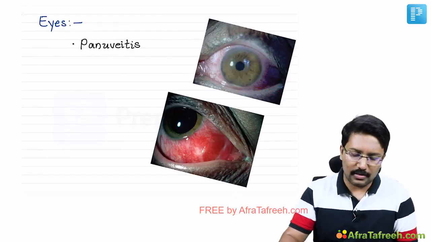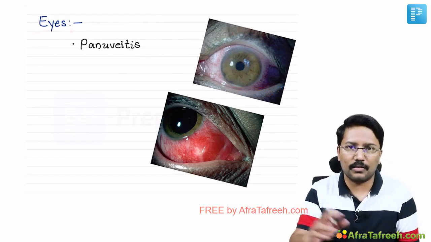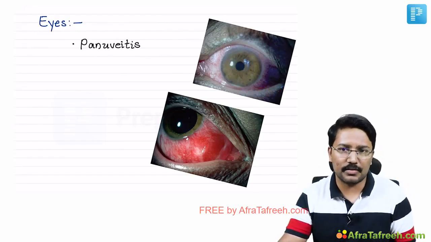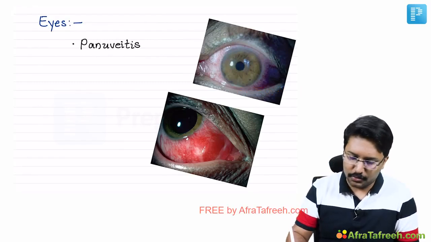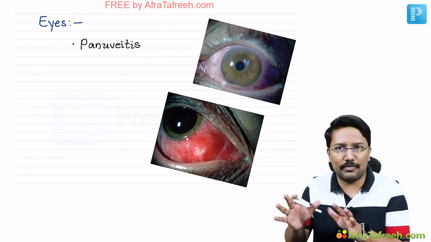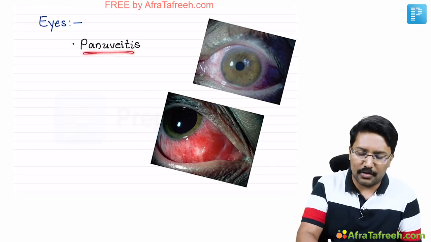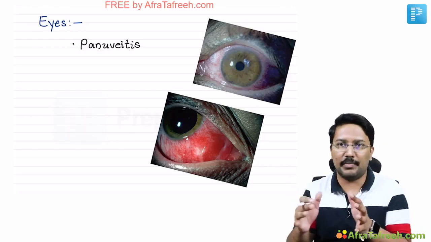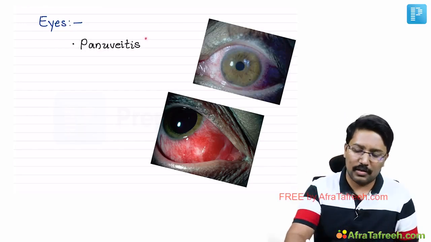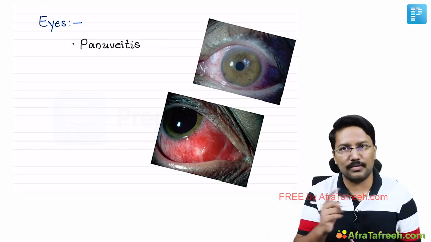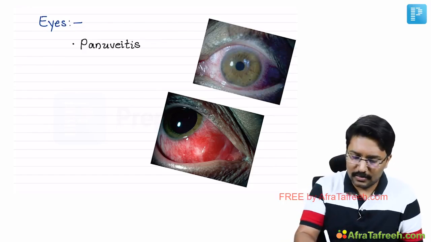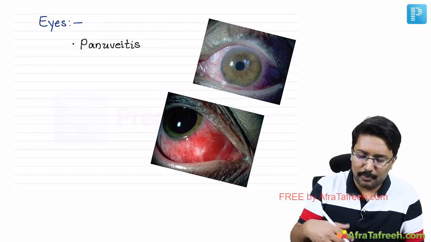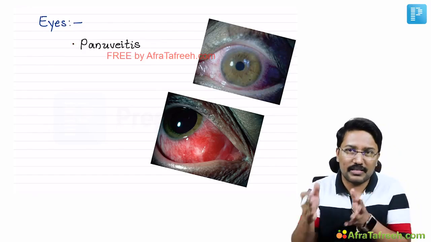Now let us look at ocular Behçet. What are the usual findings we see? The first finding I want you to note is that the characteristic eye involvement is in the form of pan-uveitis. When we spoke about the triad of Behçet syndrome and said eye inflammation, I was mainly talking about pan-uveitis. Now, a significant number of these patients may not have pan-uveitis but may have a restricted uveitis.